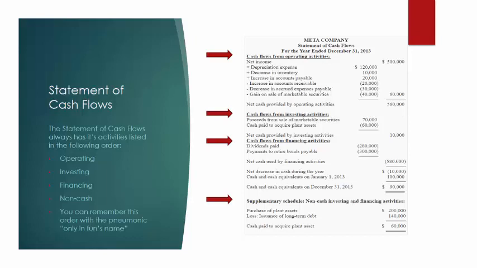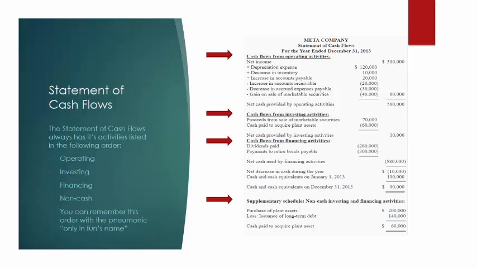On this statement, we are going to break down how each one of those subsections, operating, investing, and financing, changed our cash during the period. We're going to use the total amount of cash either provided by or used for each of those activities to determine what our net increase or decrease in cash was for the period.